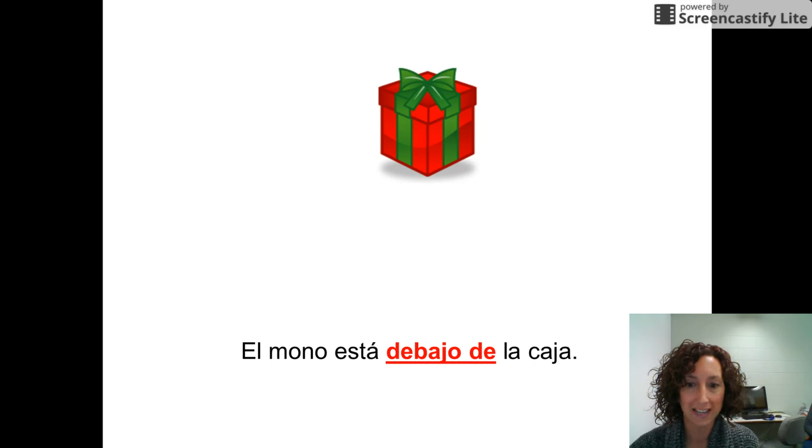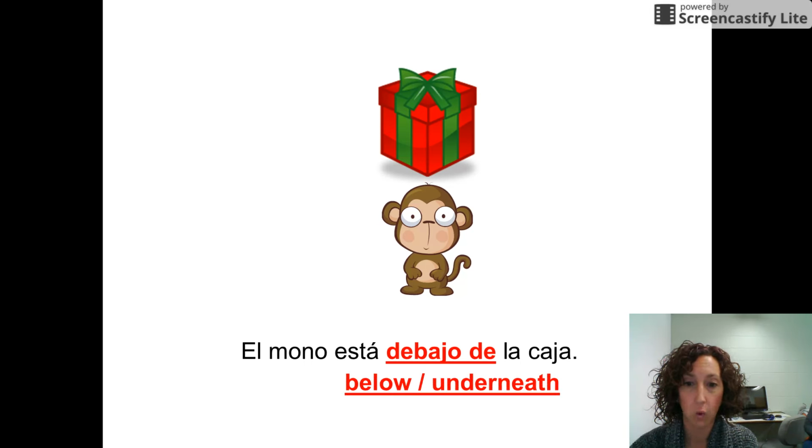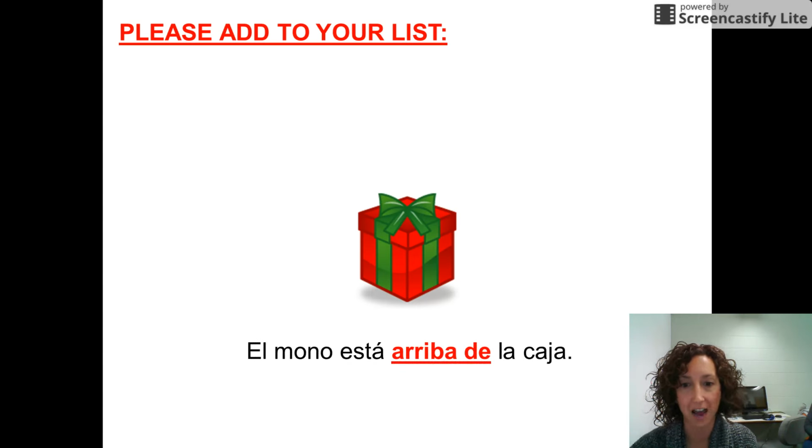This next one, debajo de. All right, below. Debajo de es below or underneath. El mono está debajo de la caja. One more I want to make sure you add. If it's not already typed on your sheet, could you please write this Spanish prepositional phrase, arriba de.